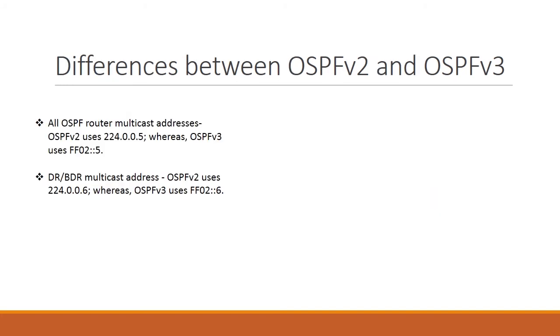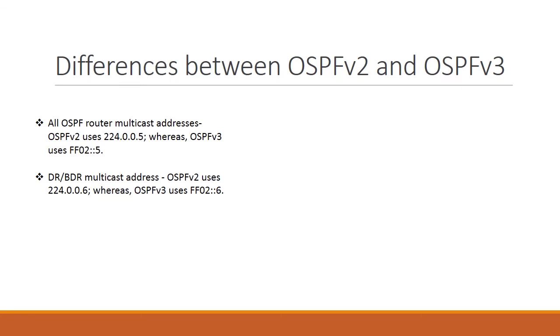Differences between OSPFv2 and OSPFv3. Advertises: OSPFv2 advertises IPv4 routes, while OSPFv3 advertises routes for IPv6. Source address: OSPFv2 messages are sourced from the IPv4 address of the exit interface. In OSPFv3, OSPF messages are sourced using the link-local address of the exit interface.